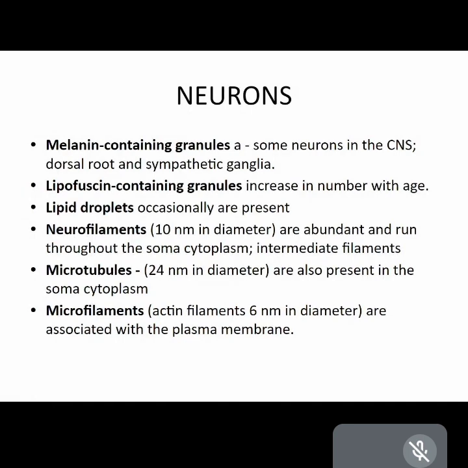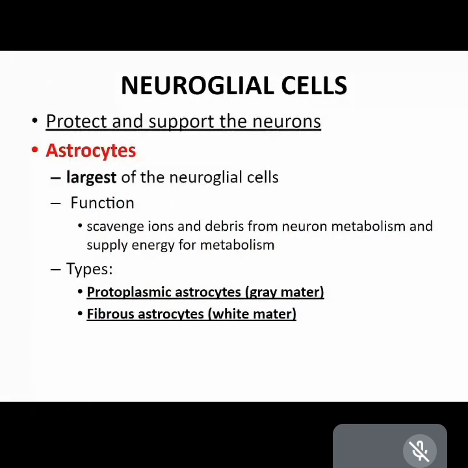Neurofilaments, up to 10 nanometers in diameter, are abundant and run throughout the soma cytoplasm with intermediate filaments. The microtubules are 24 nanometers in diameter and are also present in the soma cytoplasm. The microfilaments or actin filaments are 6 nanometers in diameter and are associated with the plasma membrane.